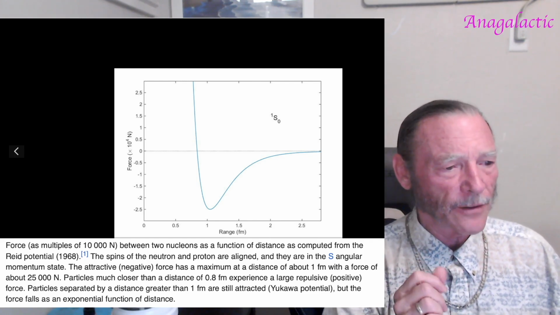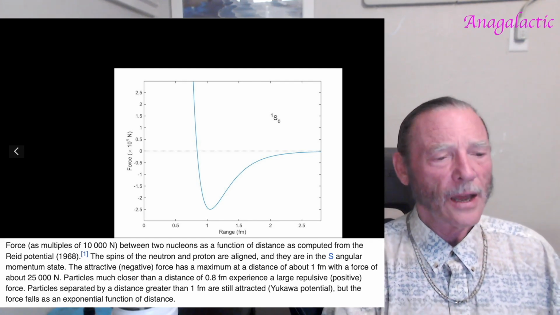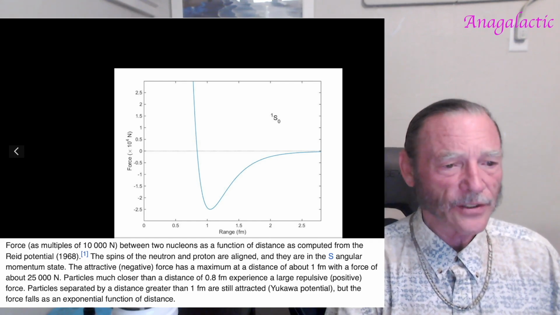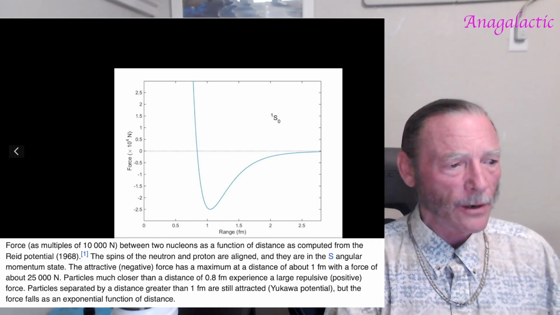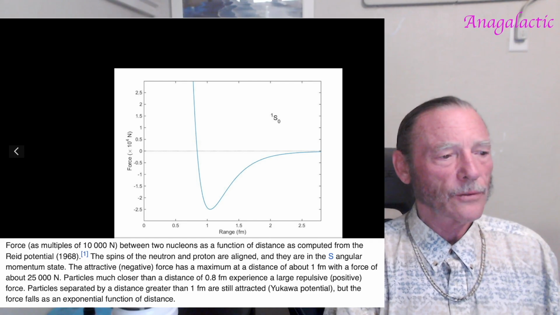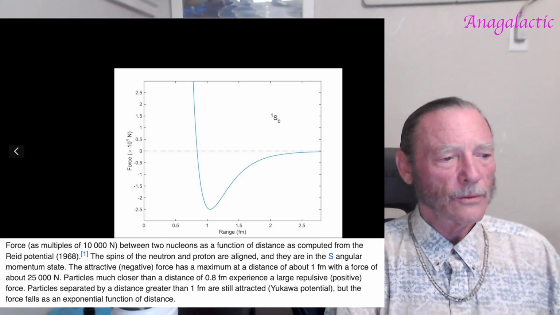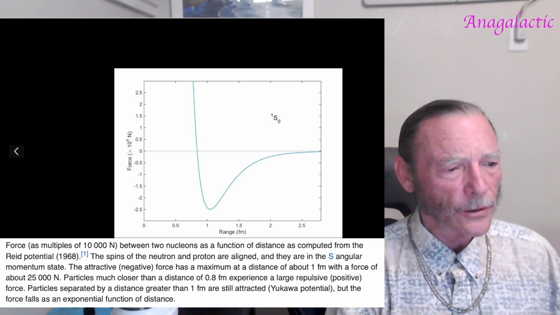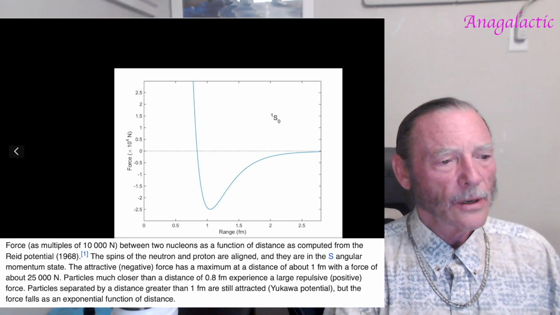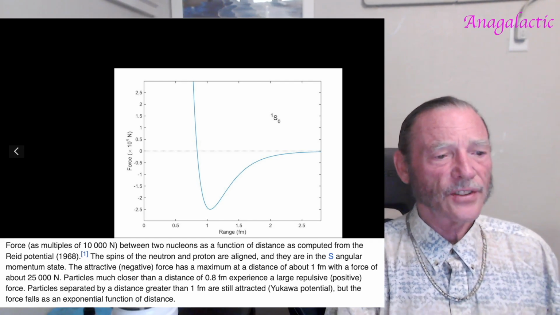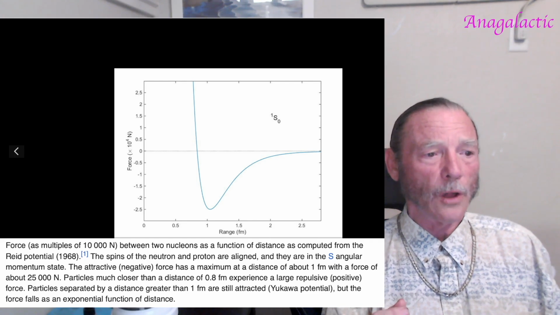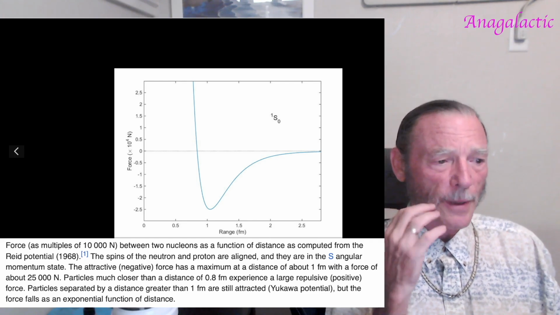The attractive negative force has a maximum at a distance of about 1 femtometer with a force of about 25,000 newtons. Particles closer than a distance of 0.8 femtometers, that's where the blue line crosses the space line.